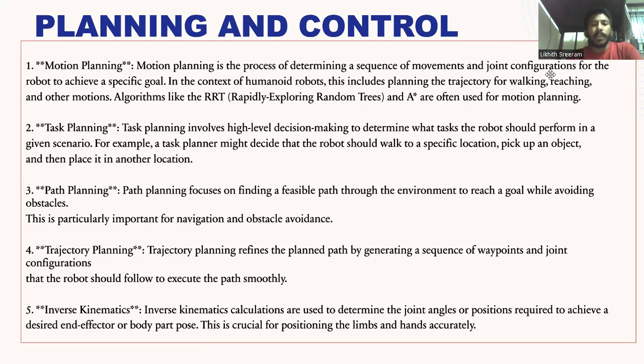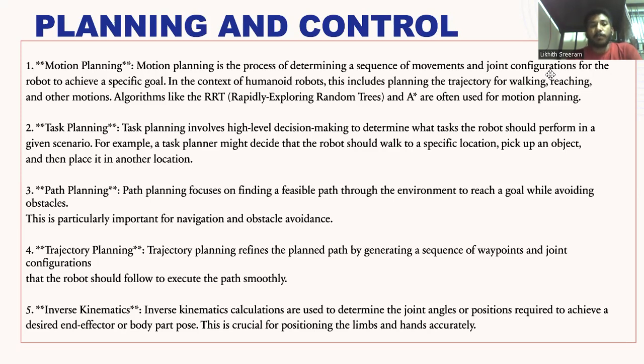Path planning. Path planning focuses on finding a feasible path through the environment to reach a goal while avoiding obstacles. This is particularly important for navigation and obstacle avoidance. This is the basic planning method because if an obstacle is in the way, a humanoid robot will face the issue of motion and confusion of moving here or there.